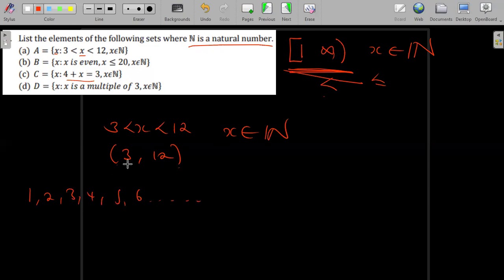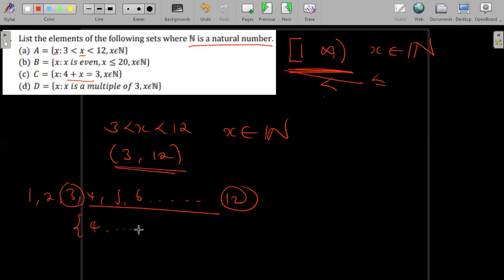But the rest of the numbers in between are part of this interval. So I will start listing from 4, because after 3 comes 4. Then I'll list everything all the way up to the number just before 12, that is 11. That's why we're listing it that way. I hope it's clear now.